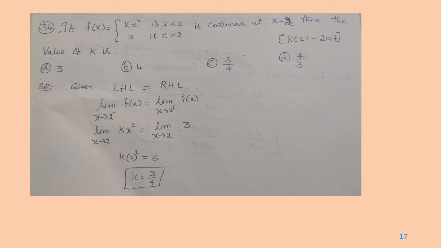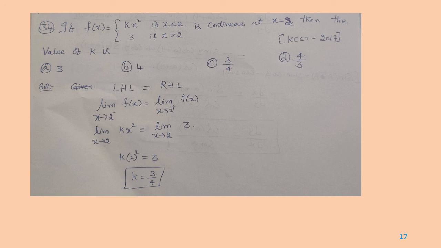So next problem. If f of x equals kx square if x is less than or equal to 2, and 3 if x is greater than 2, is continuous at x equal to 2, then the value of k is, which was asked in the year 2017. Here, since we have lesser and greater, we need LHL equal to RHL, left hand limit equal to right hand limit.